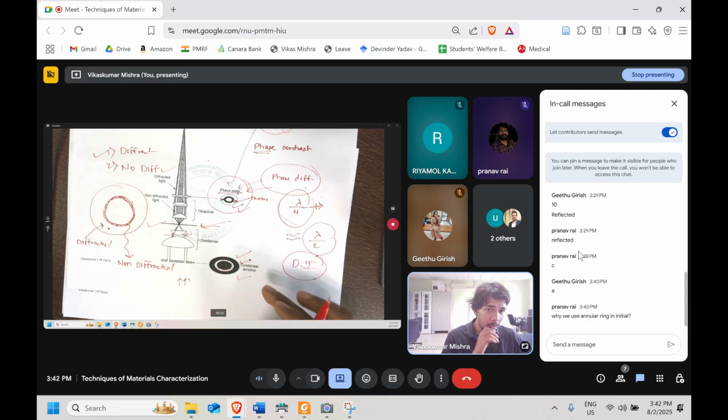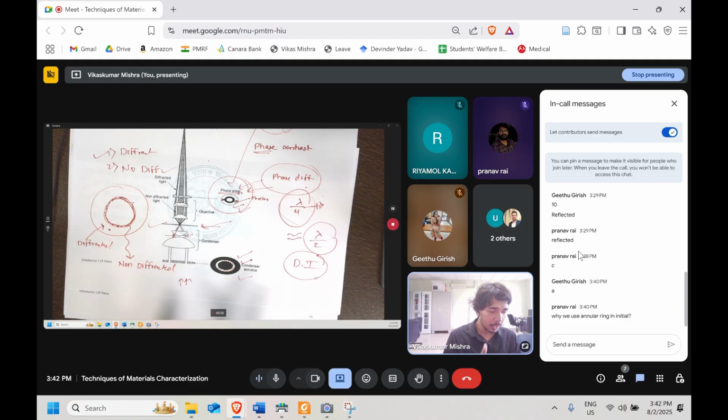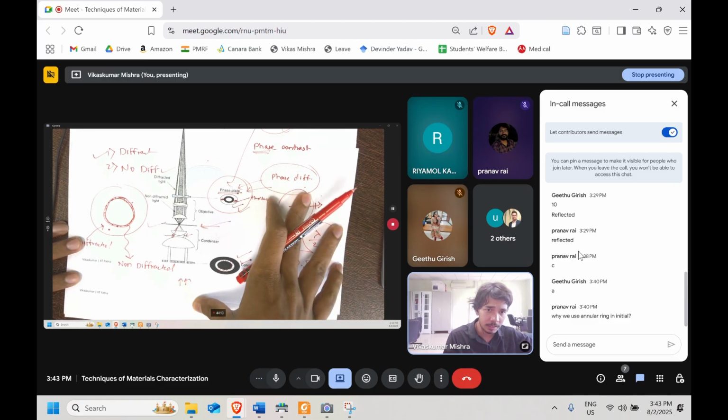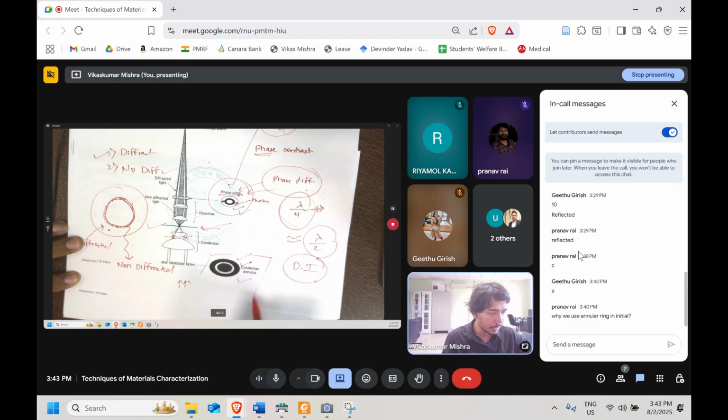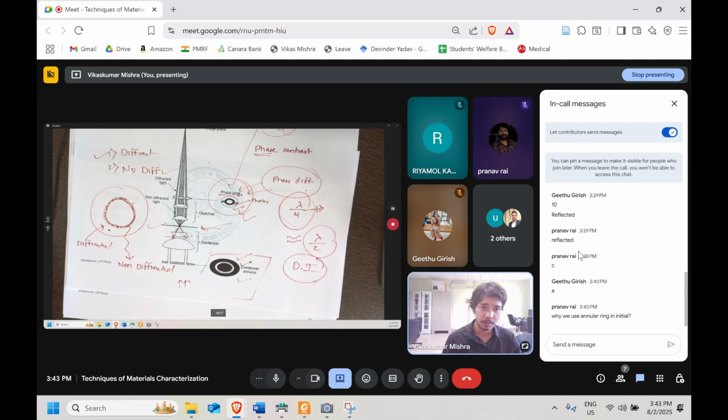If you are not creating the hollow cone, then the diffracted and non-diffracted beams will not be separated out. They will follow the optical paths which are more or less like bright field. If you are not going to use this, and still if you are using this, it will more or less give you the bright field microscopy type of image.